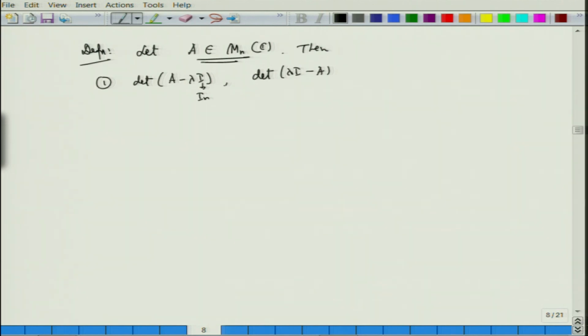Now what is determinant here? This is a polynomial in lambda of degree n.